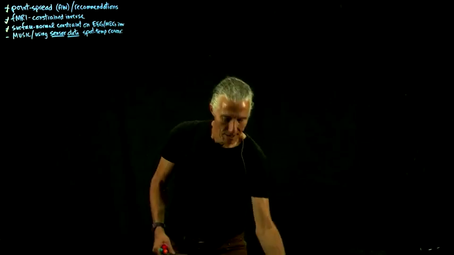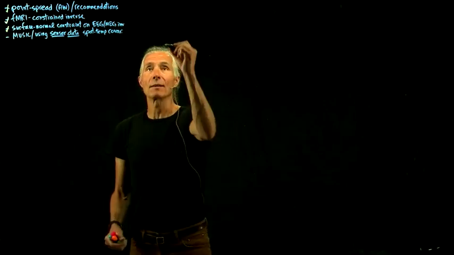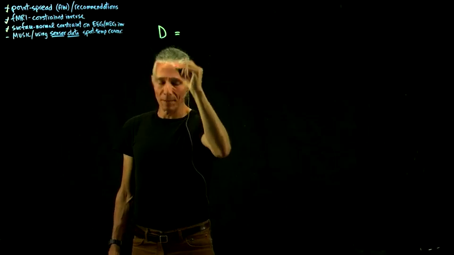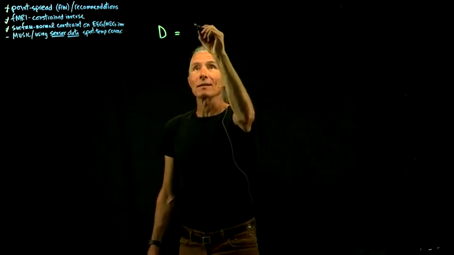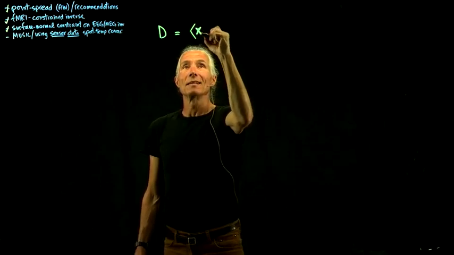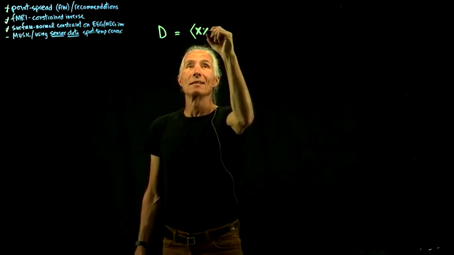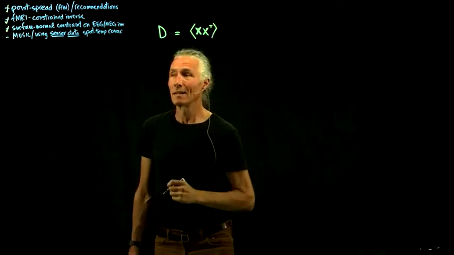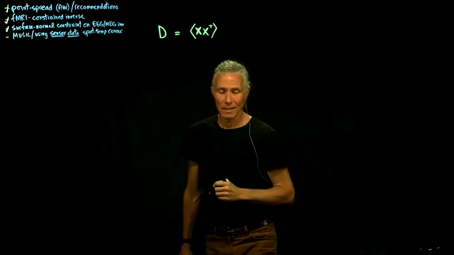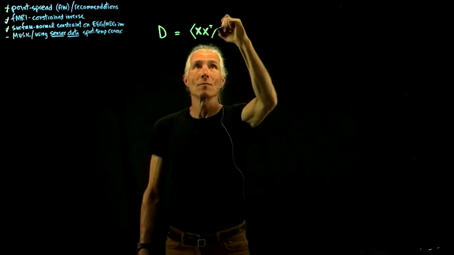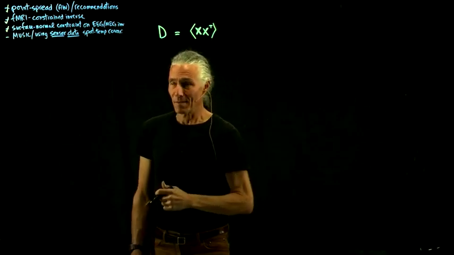So if you go into the paper and look at the equation for D, so what is D, that spatial temporal covariance matrix? It's the expectation of the data vector times the data vector transposed, and expectation means over a bunch of examples of that.